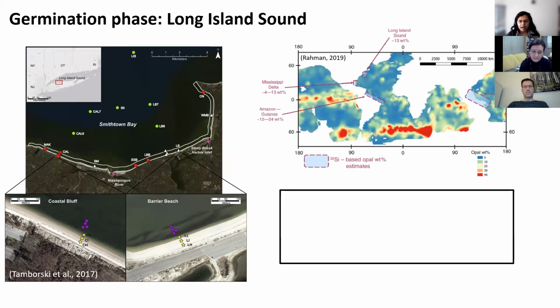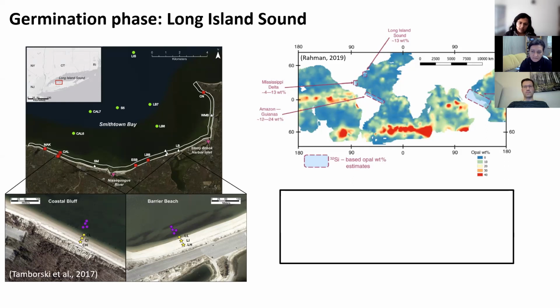And at the same time, I was finishing up my project on using a cosmogenic radionuclide of silicon, silicon 32, to constrain how much biogenic silica was actually stored in sediment. And I was noticing here in Long Island Sound, the estimate is like 13% of biogenic silica is stored in sediment. This is quite different from previous estimates. It's almost a threefold increase.